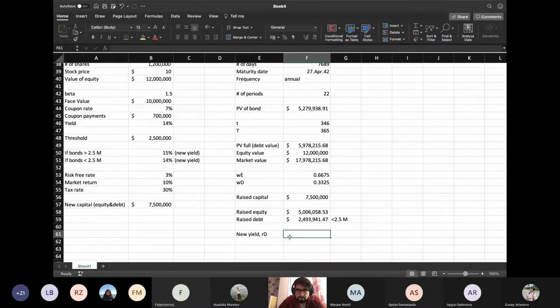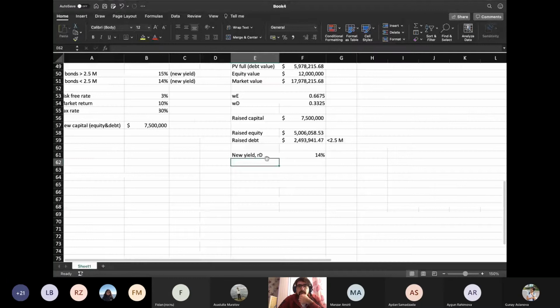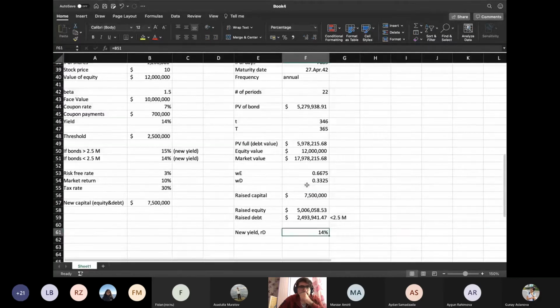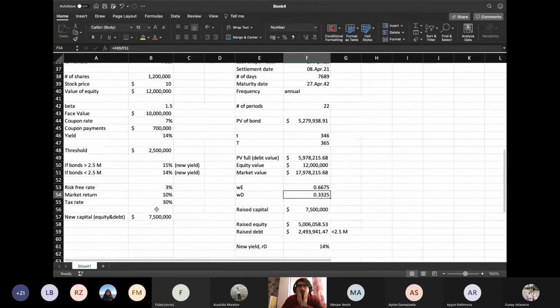Okay, because it is less than 2.5 million, our threshold value. We have cost of debt, we have weight of debt, weight of equity, we have tax rate. The only thing we don't have is cost of equity.